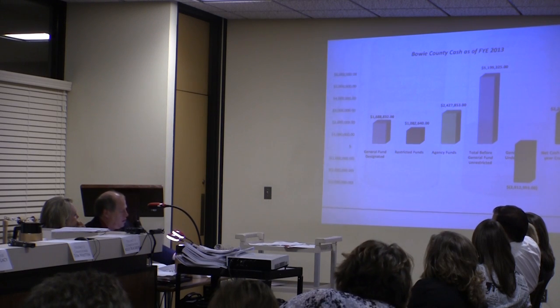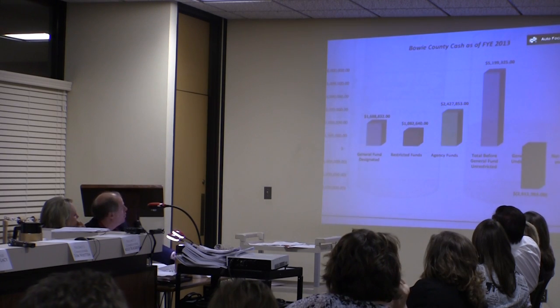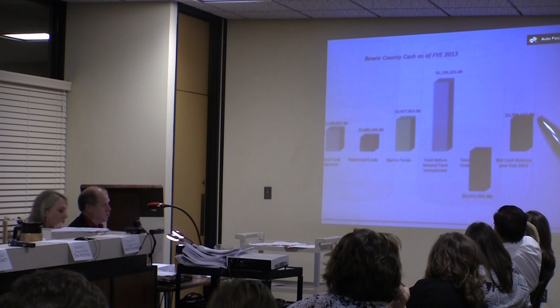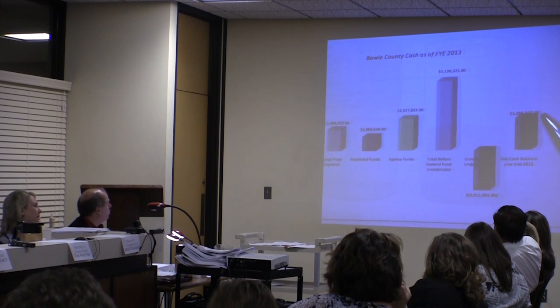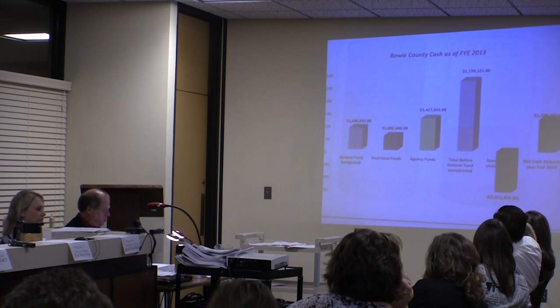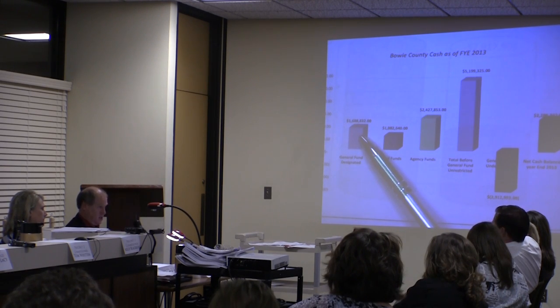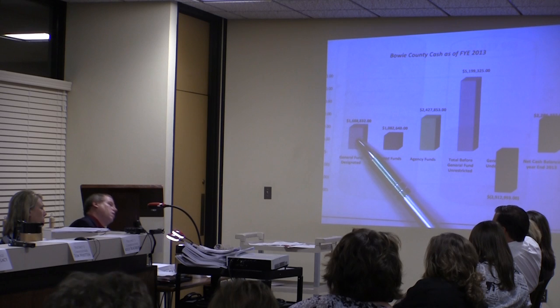The operating bank account has a balance of $2,286,332, the number we've been talking about. It contains $1,688,000 of general fund designated funds. That's what we're calling them right now. I got a list of them that are not quite restricted, doesn't look like. They're not quite ready for operations.